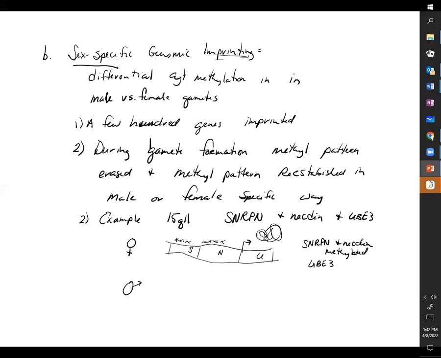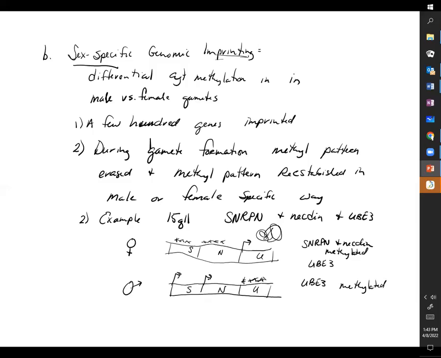So can you guess what the male pattern is then? Your paternal derived chromosome has the same genes in the same region, unless there's some abnormality. But these are genomically imprinted during germline development, and in the paternal lineage, in the sperm, on the chromosome that you inherited from the male parent, the UBE3A is methylated and is therefore not expressed.